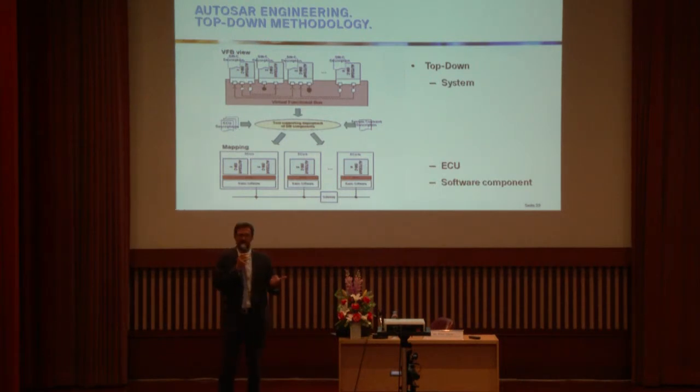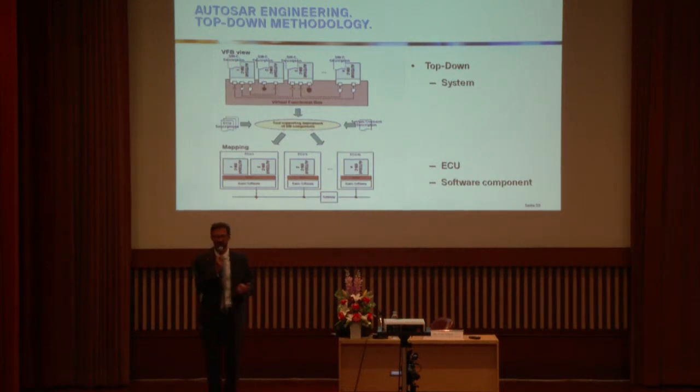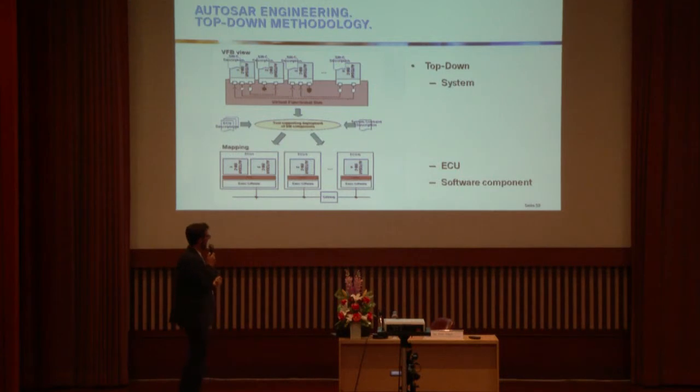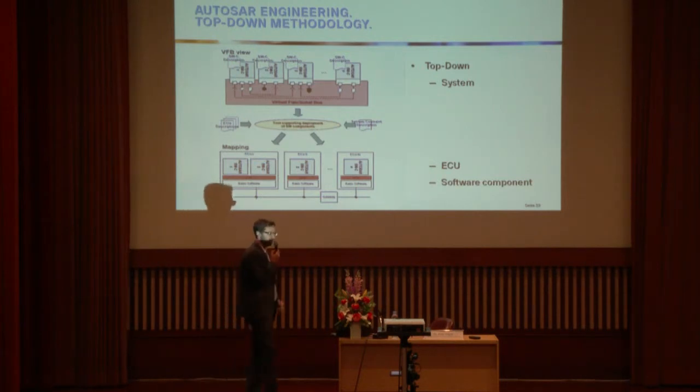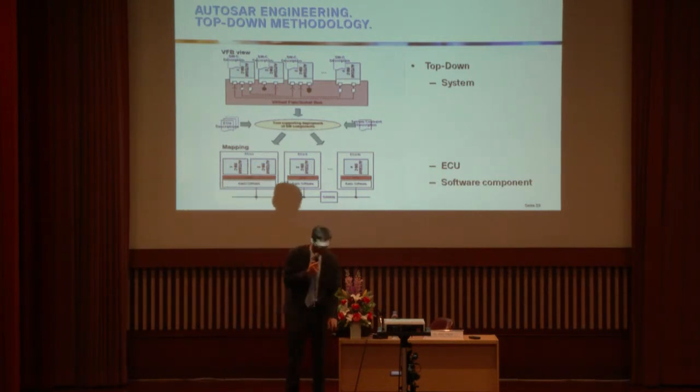The virtual function bus knows which software component needs what data. This is specified in the logical architecture. By the mapping of the software components to the control units, one knows which data have to be exchanged over the bus or only locally between software components. And this mechanism is handled by the RTE, the runtime environment.